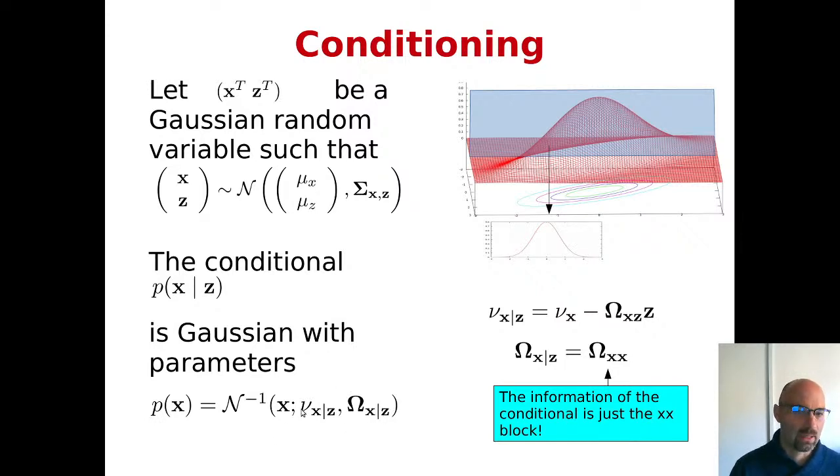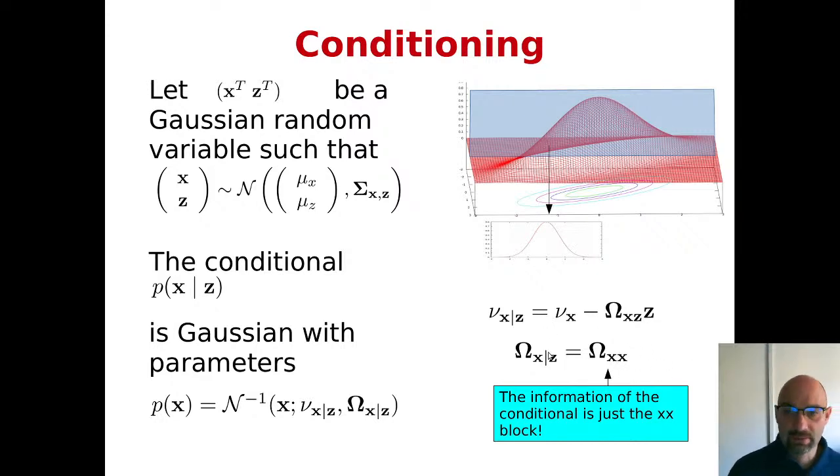This object here will have the dimension of x, clearly. The rule on conditioning tells me that the conditional information vector is equal to the original component of the information vector on x, from which you subtract the cross information matrix multiplied by the conditioning measurement.